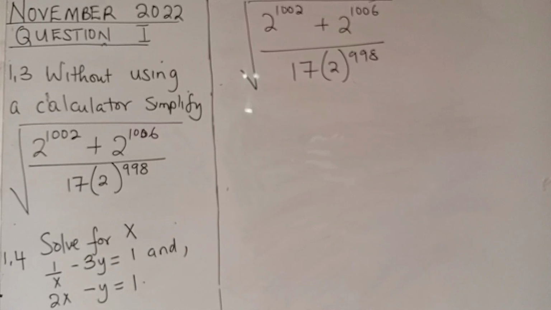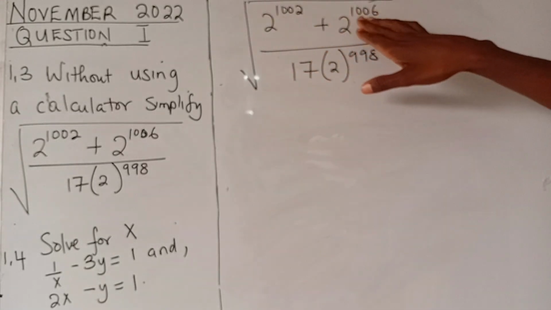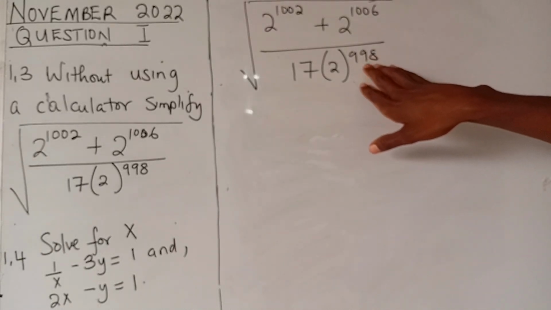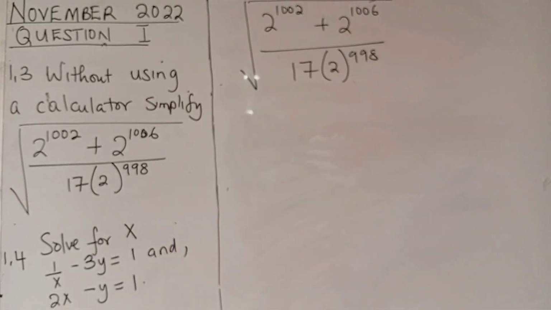So they are saying simplify this kind of a question. So what I can do here is I play around with my exponents. Here I have 1002, 1006, 998. So I play around my exponents in such a way maybe that I express them in terms of the lowest exponent that I have.